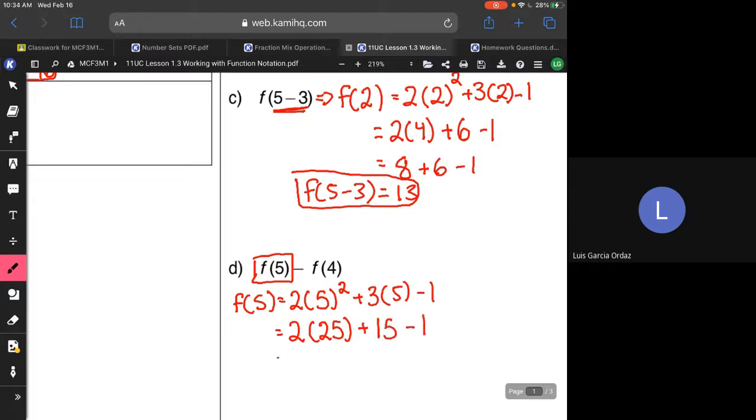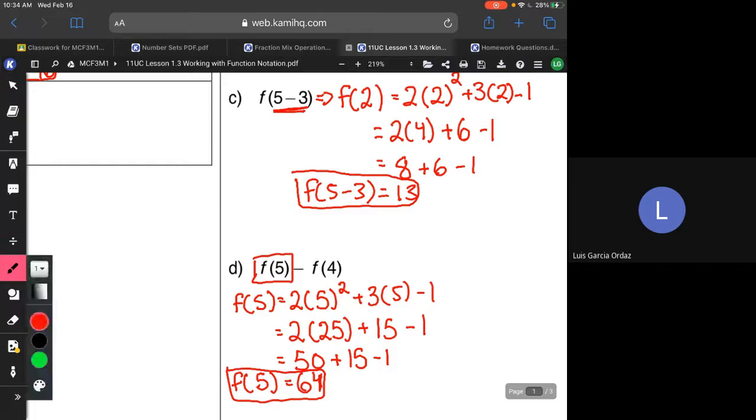Then f of 5 equals 50 plus 15 minus 1. And what would my final answer be for f at 5? 64. Yep, 64. So f of 5 is going to be 64.